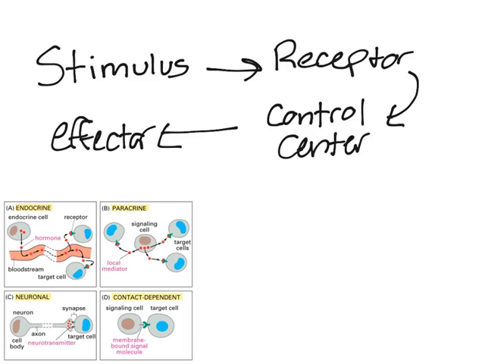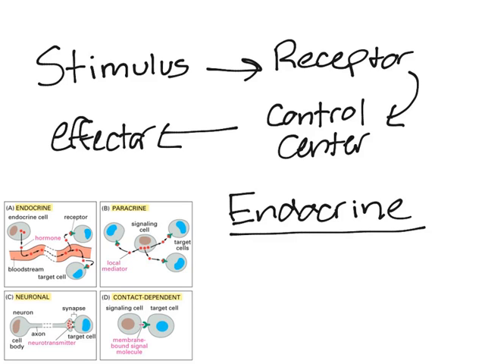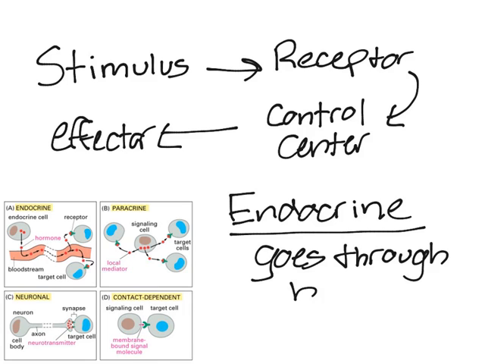So endocrine, as you may have heard, the endocrine system. Most importantly, what you have to remember is endocrine signaling or communication has to go through blood, blood vessels and stuff.